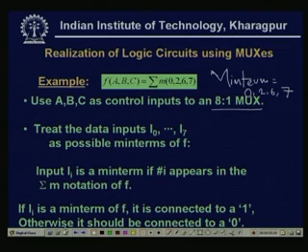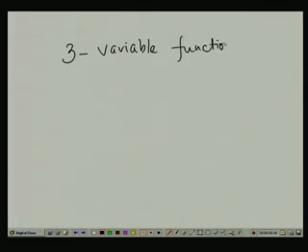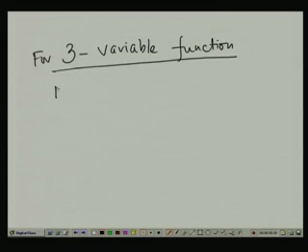And we know that for a 3 variable function, the number of min terms is 8.